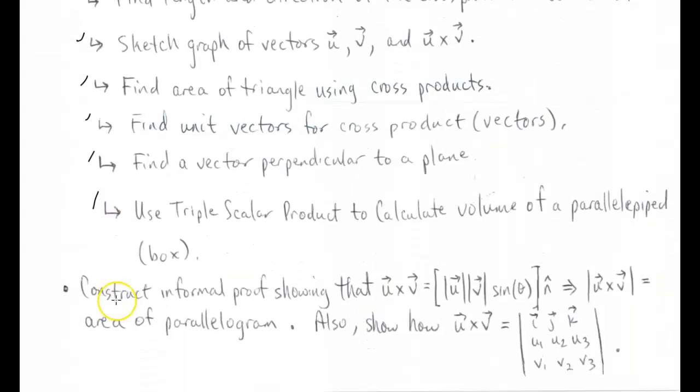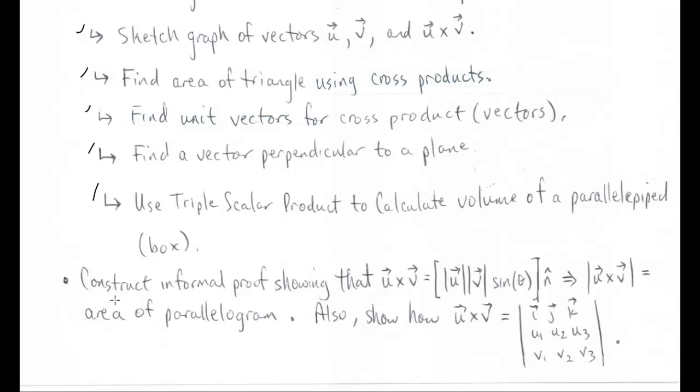Then, of course, in the final video, I will talk about constructing an informal proof showing how it is that we come up with the cross product being defined this way in terms of the sine function, and also how the magnitude of the cross product actually ends up being the same thing as the area of a parallelogram.